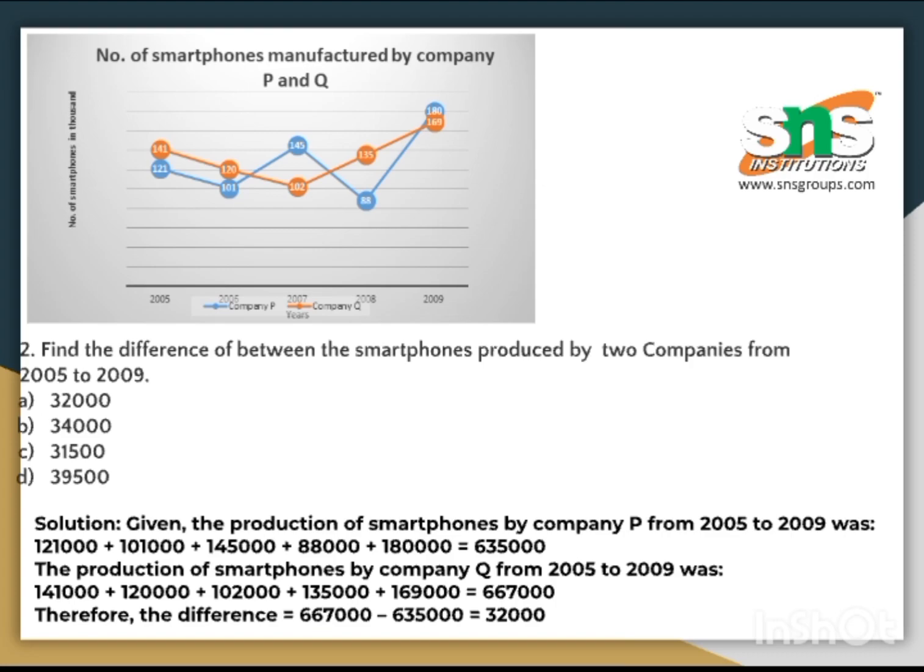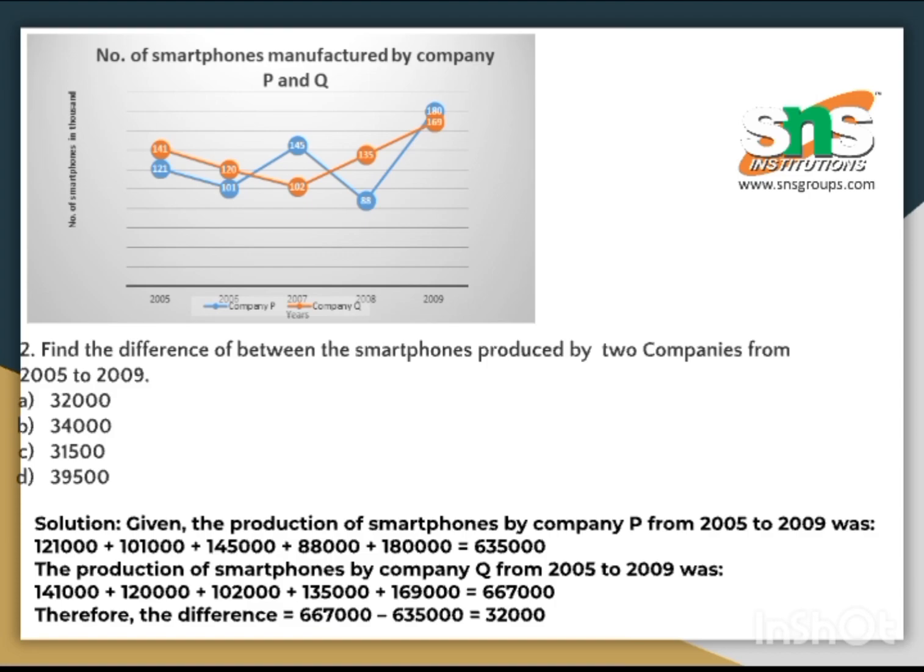Adding the values for 2005 you get 6,35,000, and next for 2009 you add all the values and you get 6,67,000. So when you find the difference you will get 32,000. So option A will be the right answer. Whenever you get the data, because the given data is in thousands, you are supposed to give the values in thousands only.